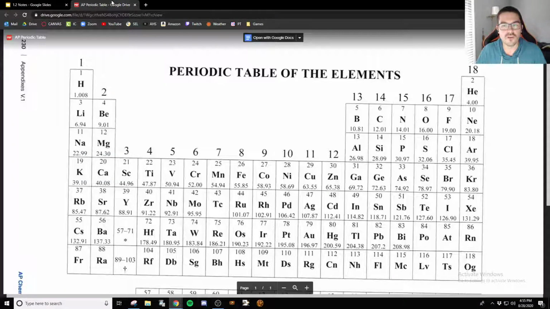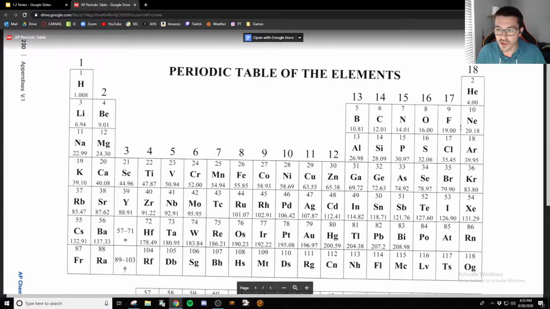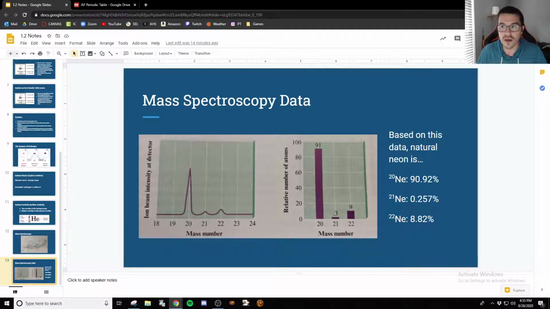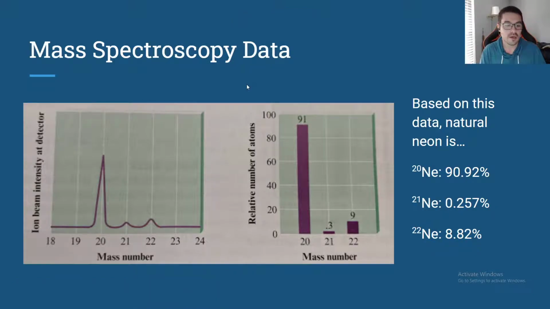If I go and take a look at my periodic table and I look for elements that have mass numbers or atomic masses of around 20, the only element that I see is neon. So this is in real life how scientists can identify an element. If you have a sample and you think it's a pure sample, you can send it through, and based on the mass numbers you get, you can tell what you've got. That is the data that you might see.